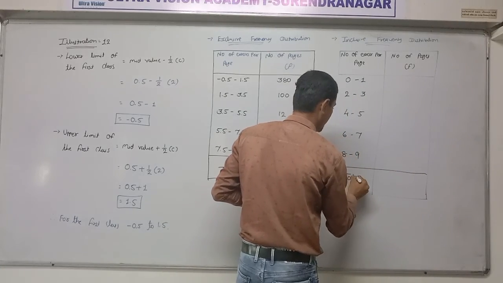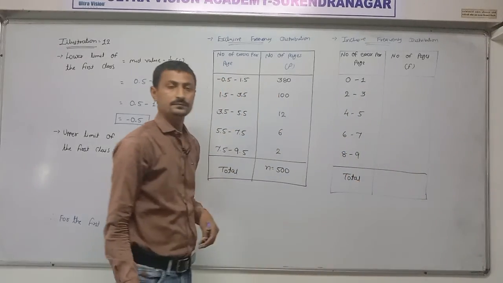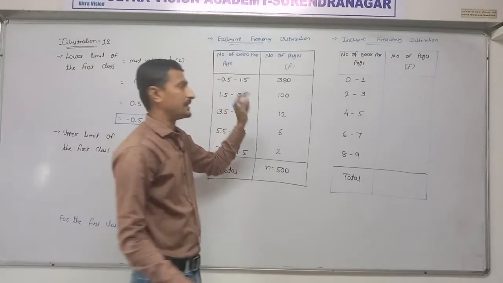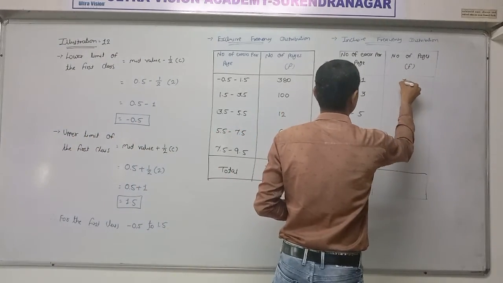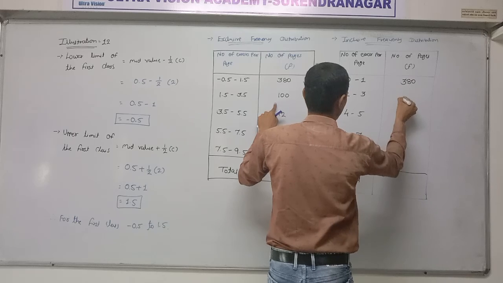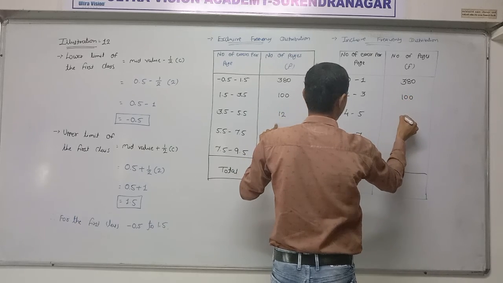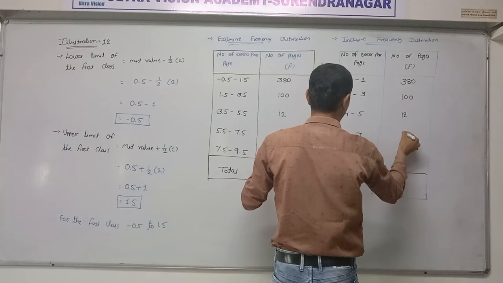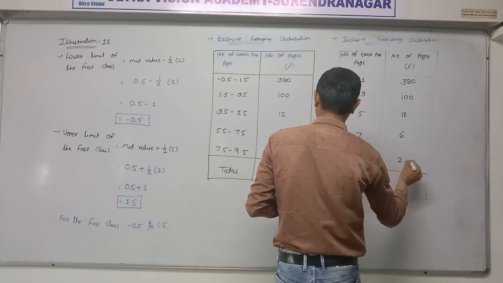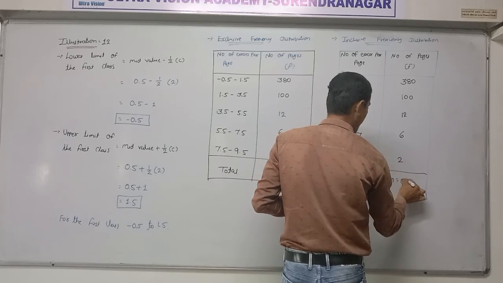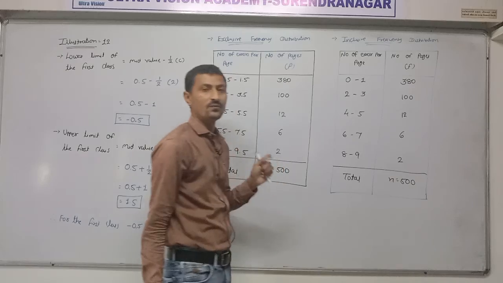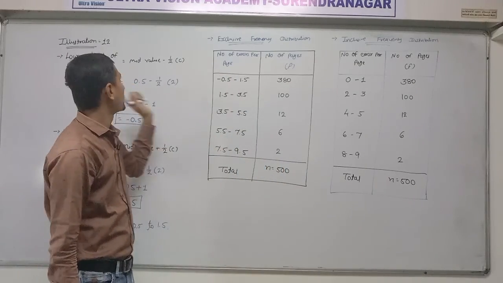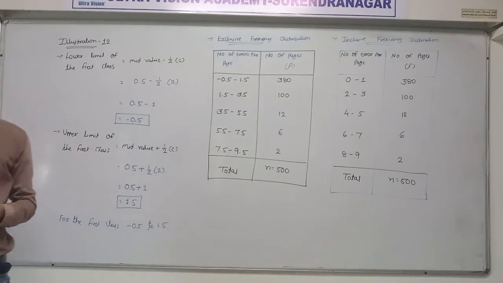And last is total. Number of pages as it is, write down 380, 100, 12, 6 and 2. N is equal to 500. So we have completed illustration number 12.